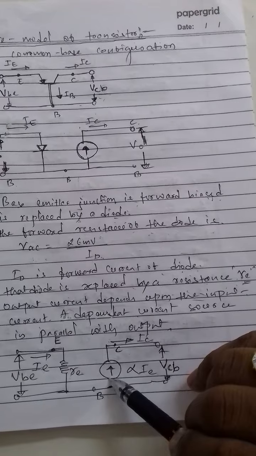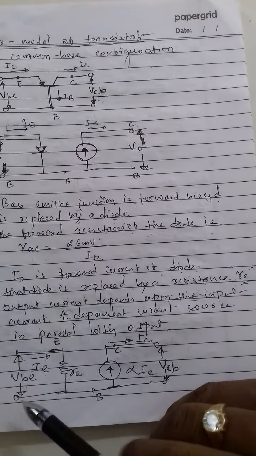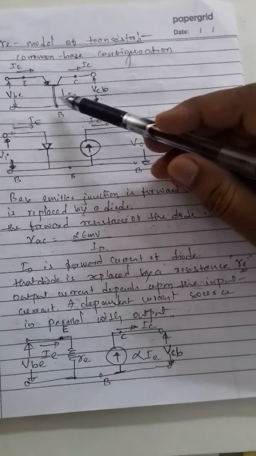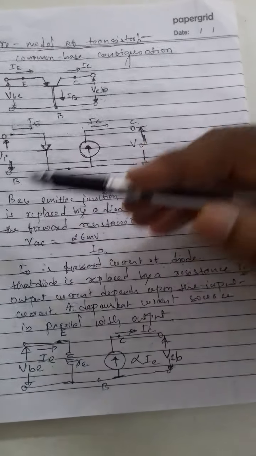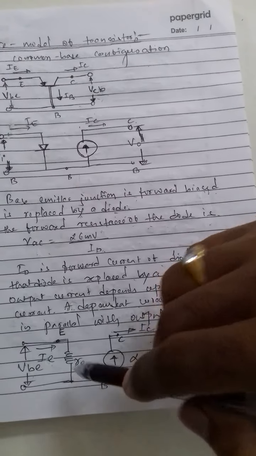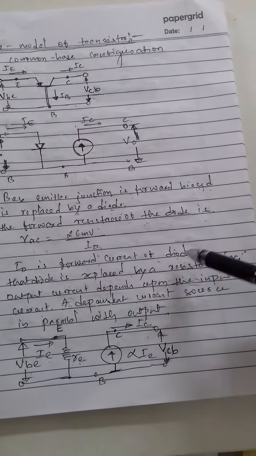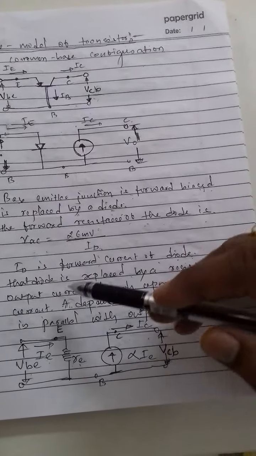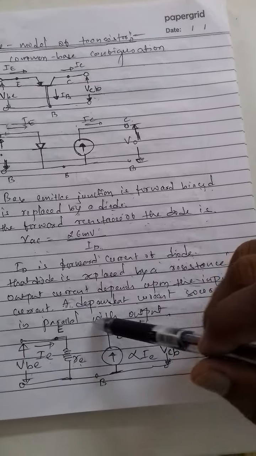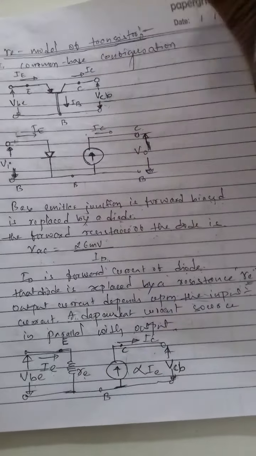Here are the input current, input voltage, output current and output voltage, and a dependent current source in parallel with the output. So this configuration is replaced in this form, and the diode is again replaced by a resistance re, the resistance of the diode, where ID is the forward current of the diode. So here it is reduced to this form.